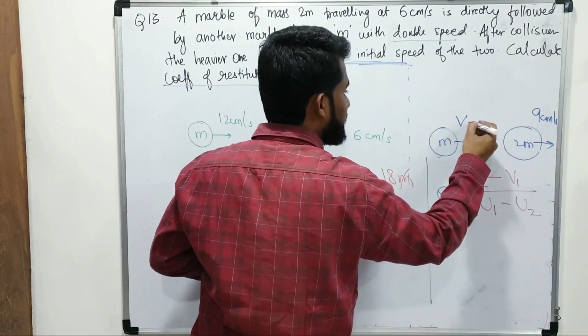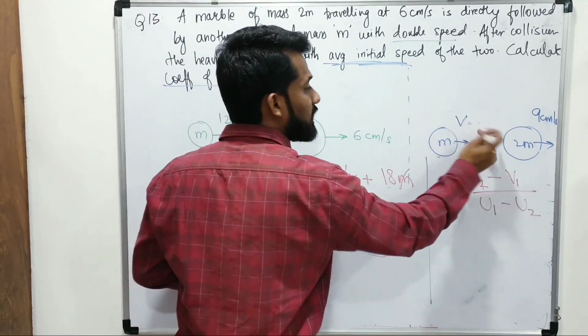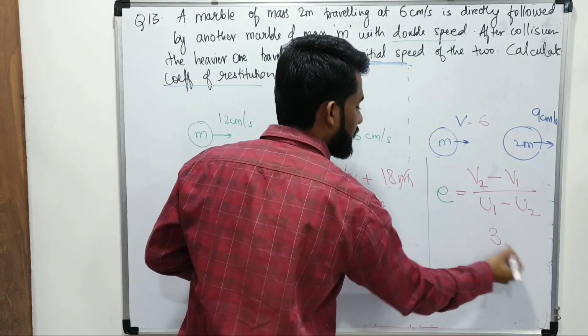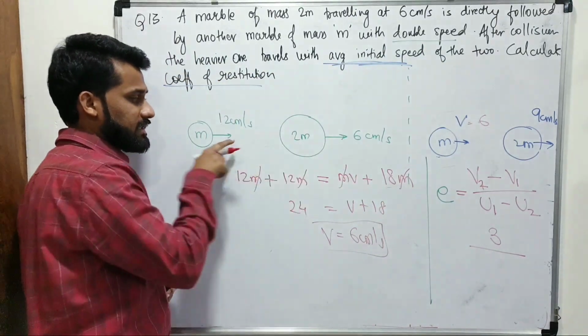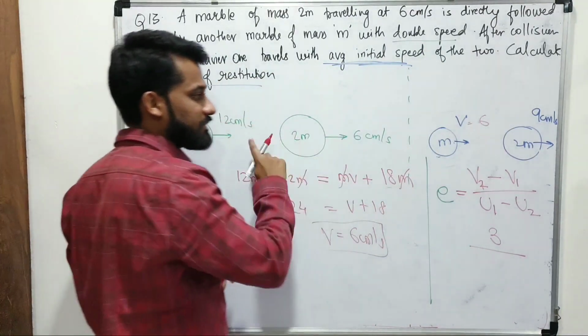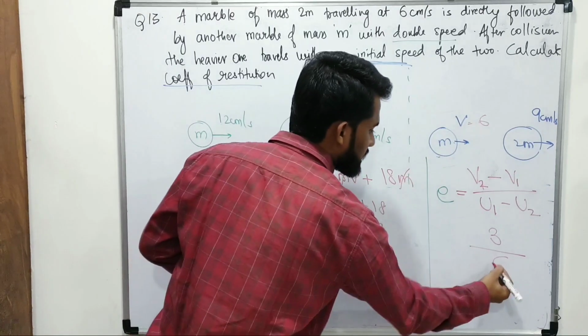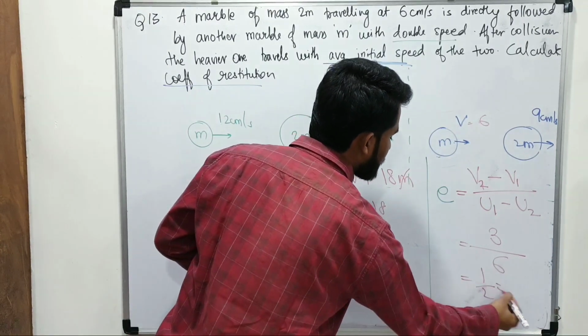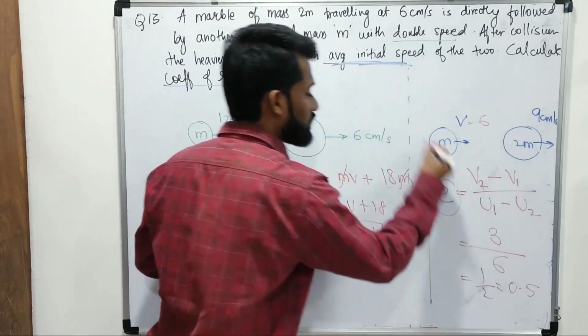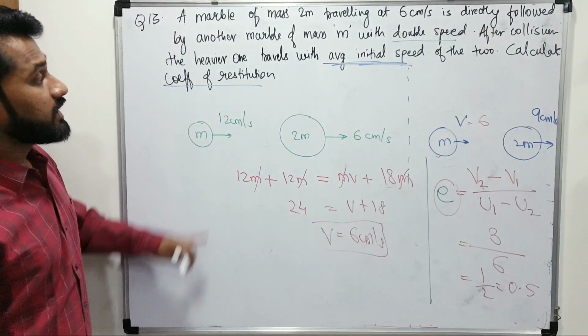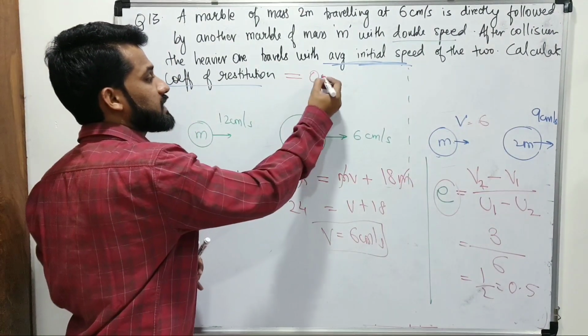This is moving by 9, this is moving by 6, we have calculated. So the relative velocity is 3, and इनका relative velocity of approach is, this is approaching this by 6, so relative velocity is 12 minus 6 is 6. So the answer comes out to be half, that is 0.5. Coefficient of restitution is a unitless quantity. So coefficient of restitution for this question answer is 0.5.